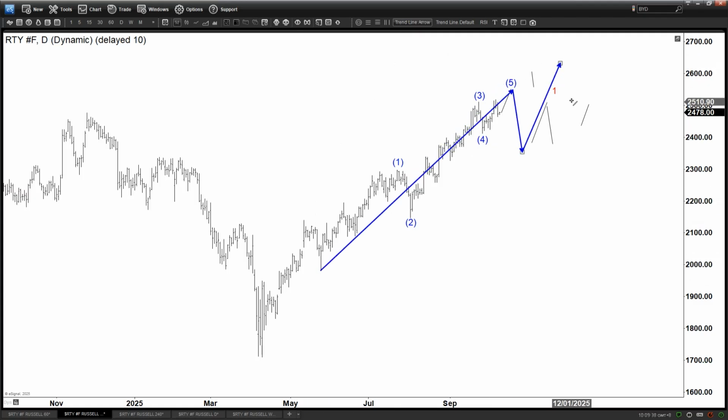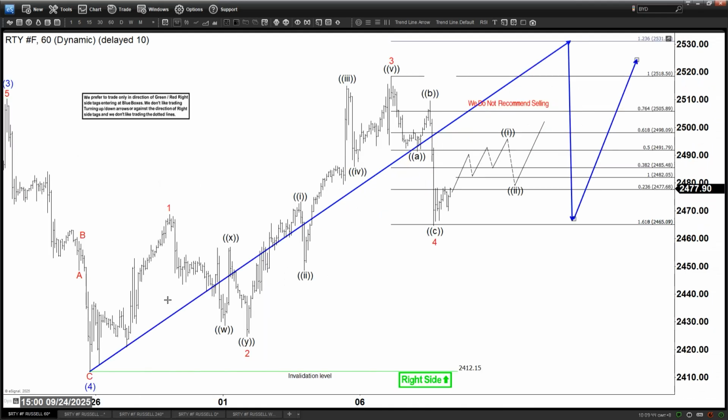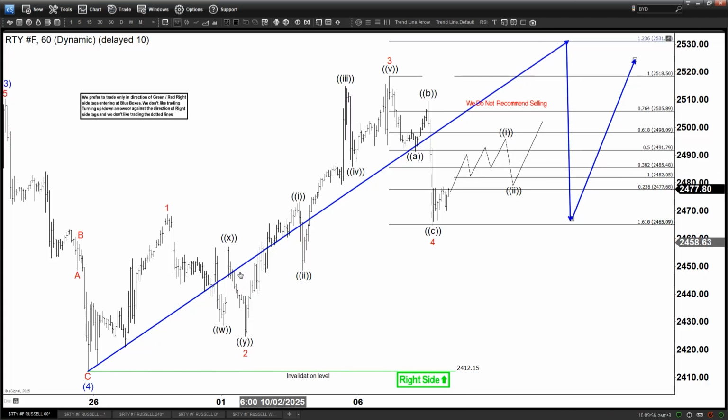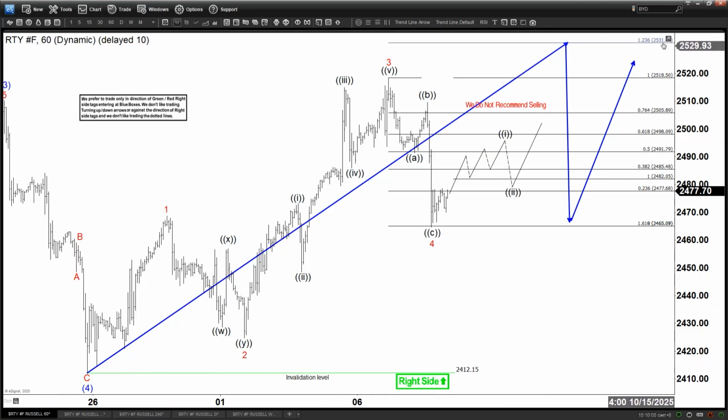So it's either you correct only this or you correct this and then higher again, right? So that's the idea. But since our focus is near term, we're not trying to discuss every single scenario in the larger time frame. Basically for us, it suffices to say that we should be getting another leg up to finish a 5 waves up from here with potential target 25.31. Okay, so that's the idea here.